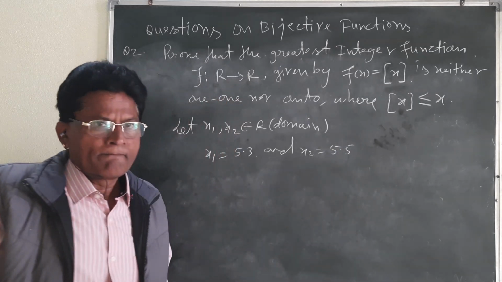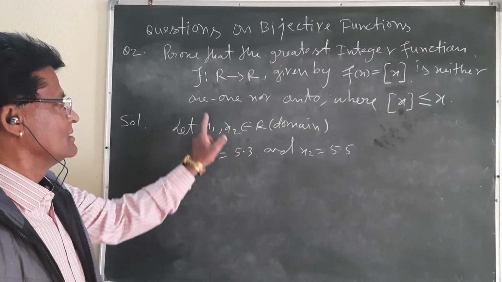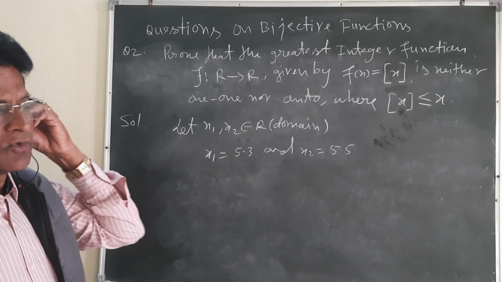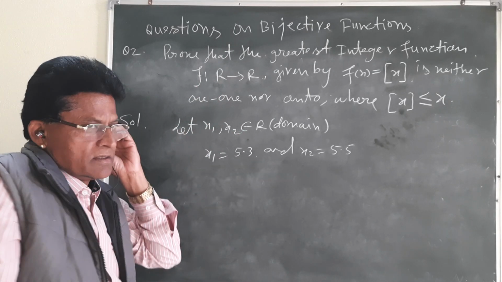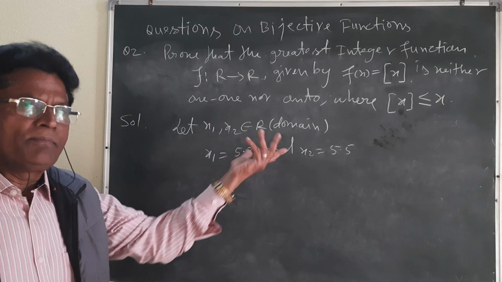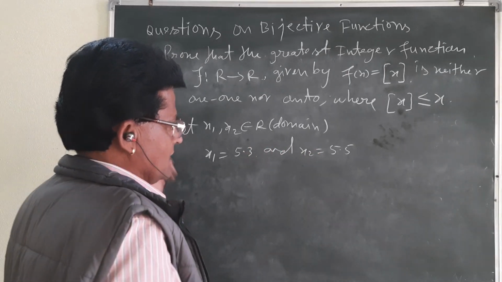See, dear student, x1, x2 belong to R, that is, the domain. Because it is a real number, you can take it in the form of a decimal. Decimal means if you remove the decimal, it will come in the form of rational.